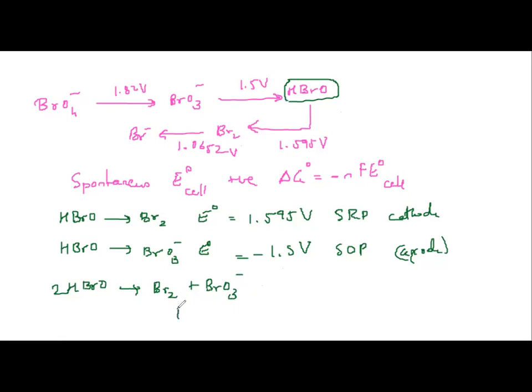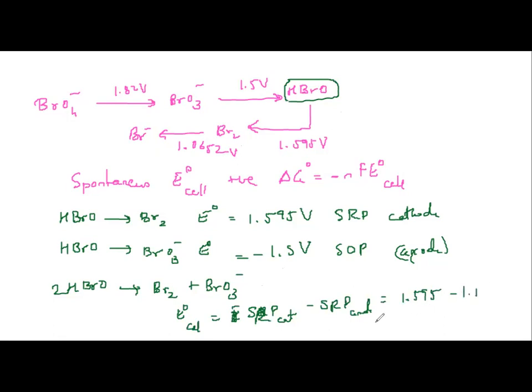So E0 of a cell, we calculate as the standard reduction potential which occurs at the cathode minus the reduction potential which occurs at the anode. That is nothing but 1.595 minus 1.5.